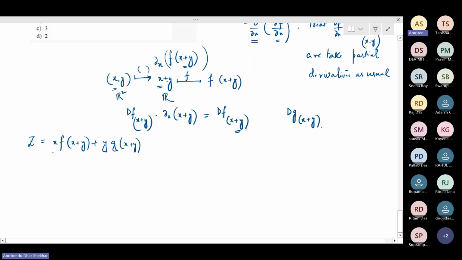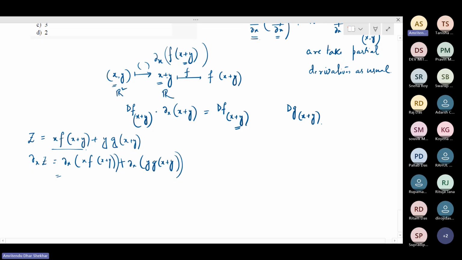So the Leibniz rule, when applied on this summand, let's say I am doing del x of z. I'll first apply this on this summand. So that is del x of x times f of x plus y, plus del x of y times g of x plus y.